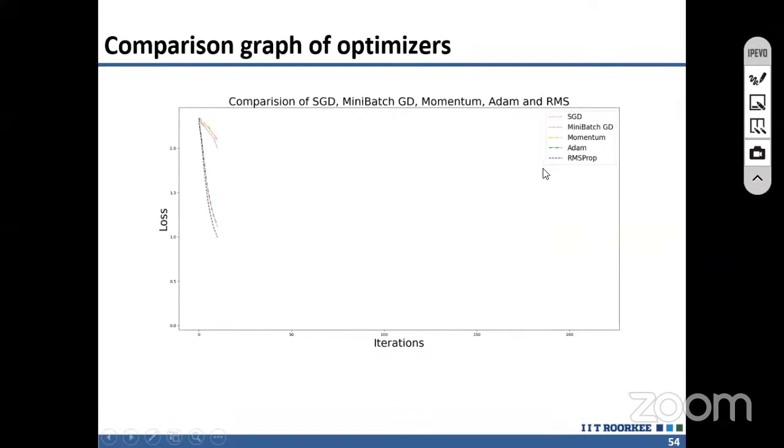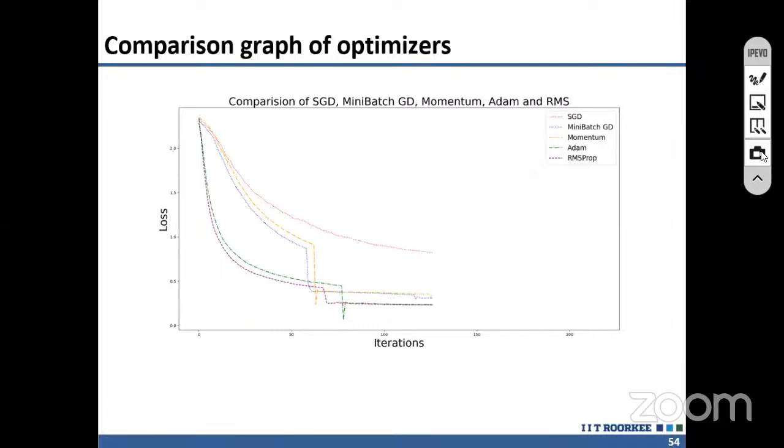If I compare all these optimizers like SGD, mini batch gradient descent, momentum, Adam, and RMS prop, you will see these real examples. Adam is this green one, RMS prop is this one, SGD is this one, momentum is this. When you reach the solution, there is less error.